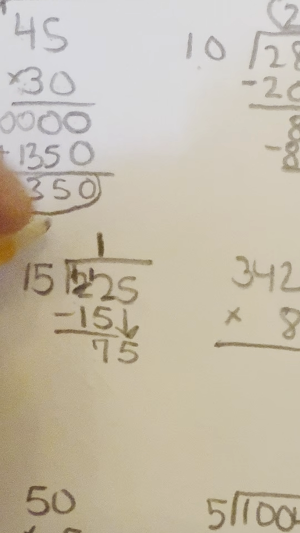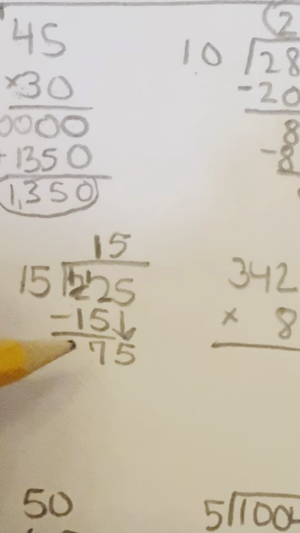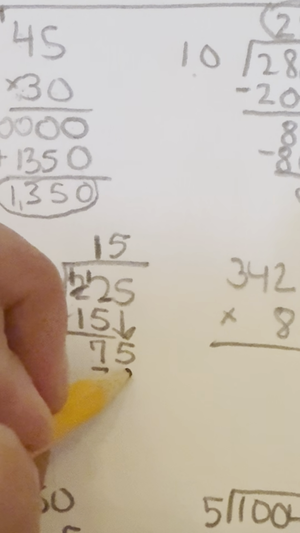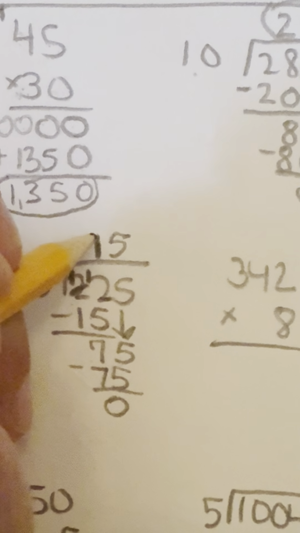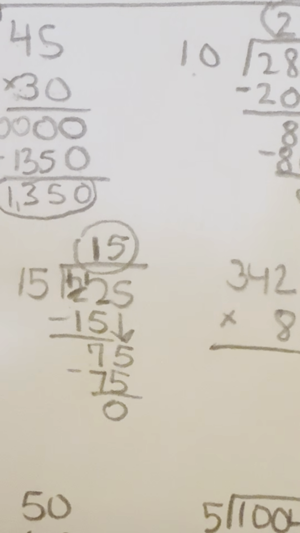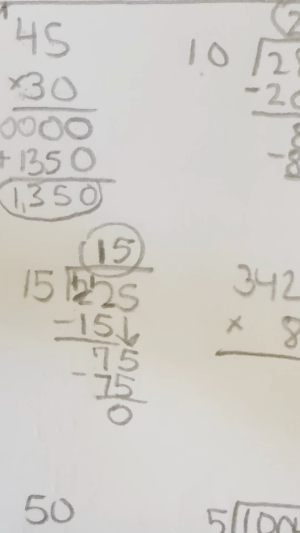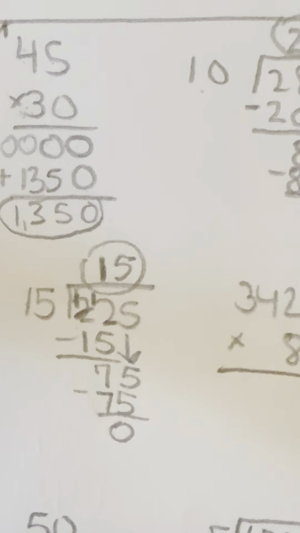So I would need 1 more on top of that. That's going to be 5. So 15 times 5 would get me 75, and that's going to leave me with a 0 remainder. So 15 times 15, which is a really interesting number for us when we're doing perfect squares, would be your answer for this one.